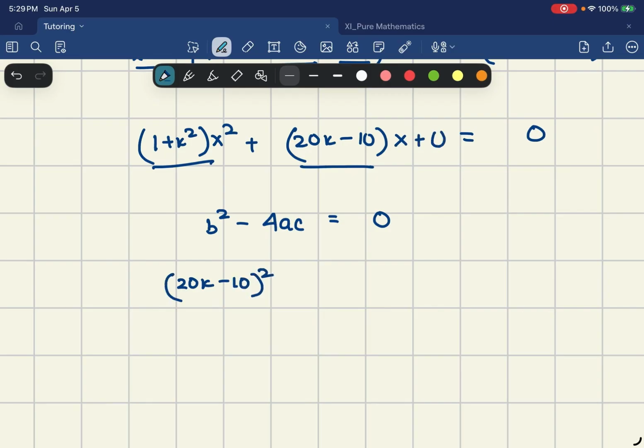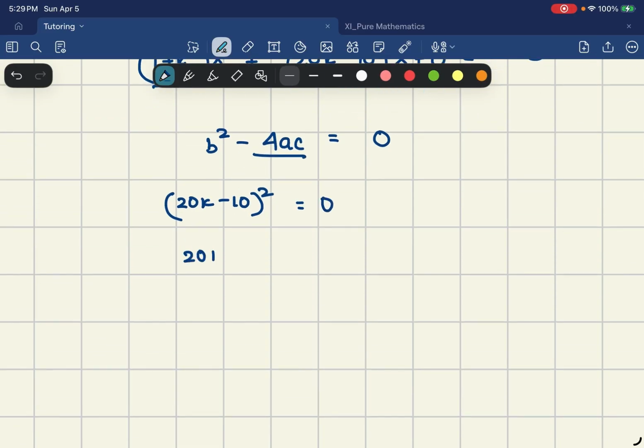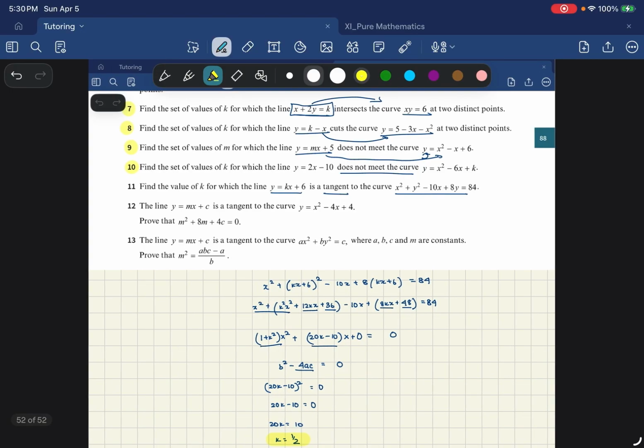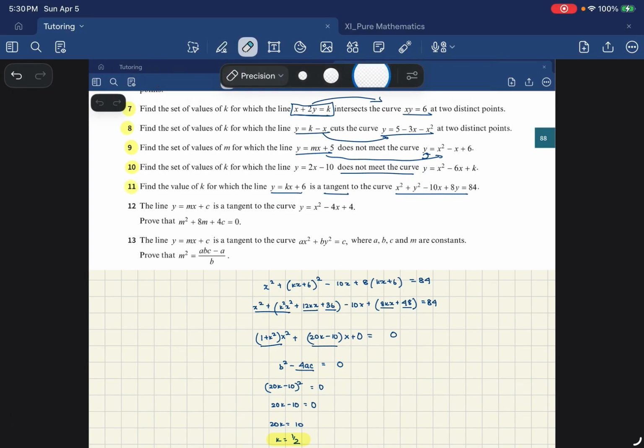Well, c is just 0, right? I don't have any c, so this second term just collapses to 0. And now I want 20k minus 10 to be 0. Only 0 squared will give me 0. So 20k is equal to 10, k is equal to 1 by 2. So that is your answer for 11. Question 12.